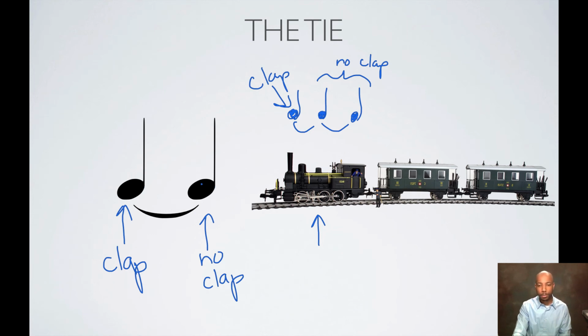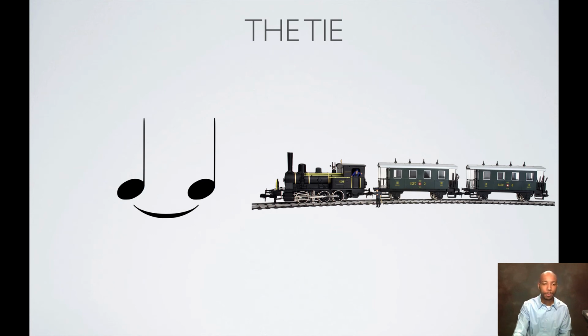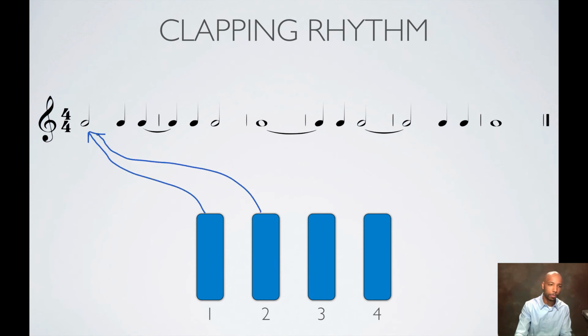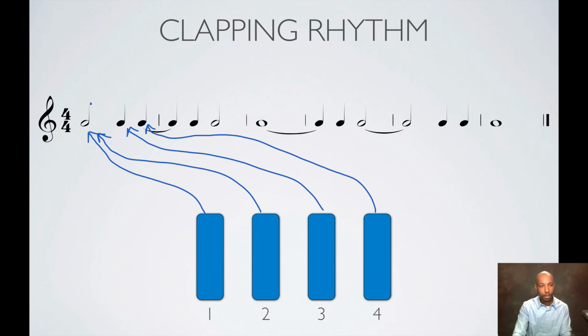Let's take a look at some examples. We're going to use our chocolate bars again. We know that this one gets 2 chocolate bars. Our second note gets the 3rd chocolate bar, and the 4th chocolate bar goes to this one. So the count is going to be 1, 2, 3, and 4.